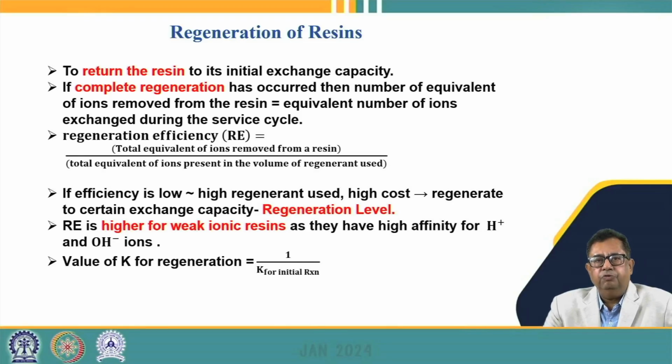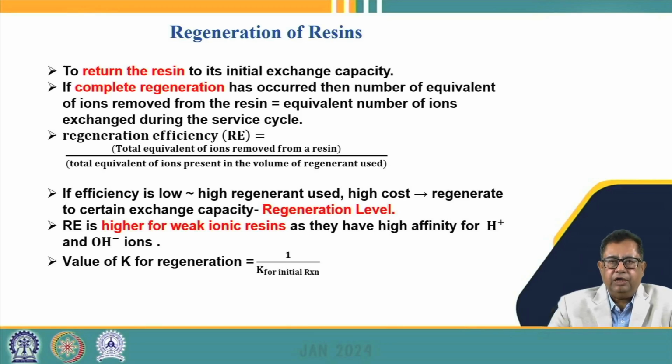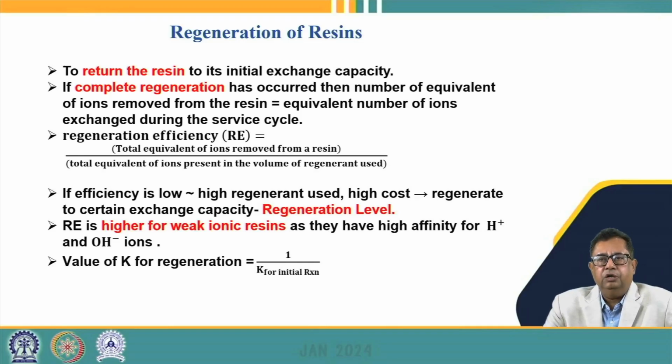If we want to increase the level up to which the regeneration happens, that is also known as the regeneration level. Regeneration efficiency will be higher for the weak ionic resins because they have high affinity for H plus or OH minus ions, whereas when we have a strong acid resin or strong ionic resin, we have low affinity for H plus and OH minus ions, and that's why the regeneration efficiency is generally smaller.